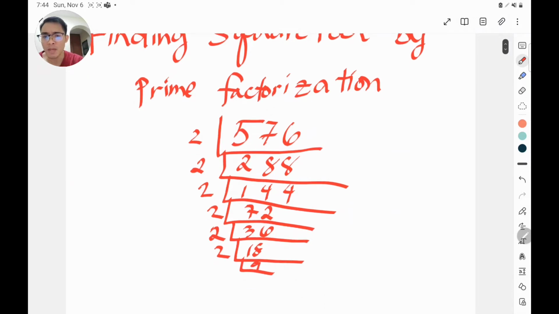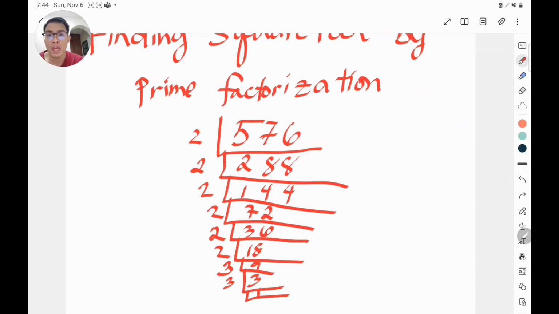Of course, 9 cannot be divided by 2, but there is a prime number that we can divide 9 by, which is 3. So 9 divided by 3 is equal to 3, and of course we can still divide 3 by 3. That will result in 1. Now, these are the numbers that we can divide 576 with, correct?